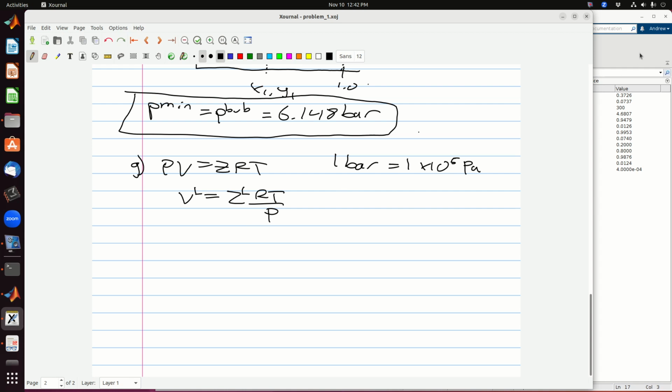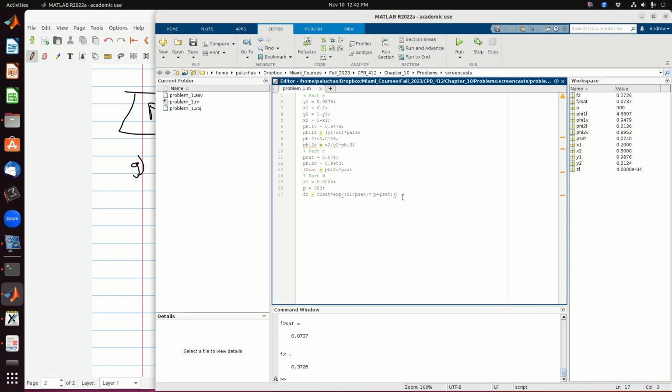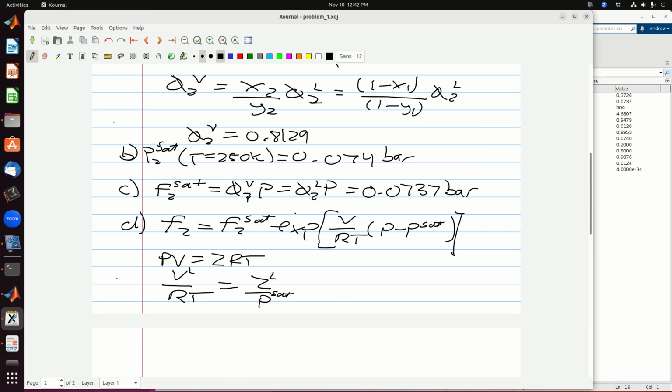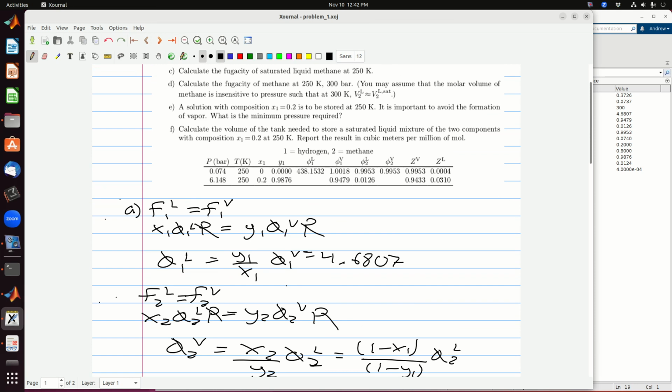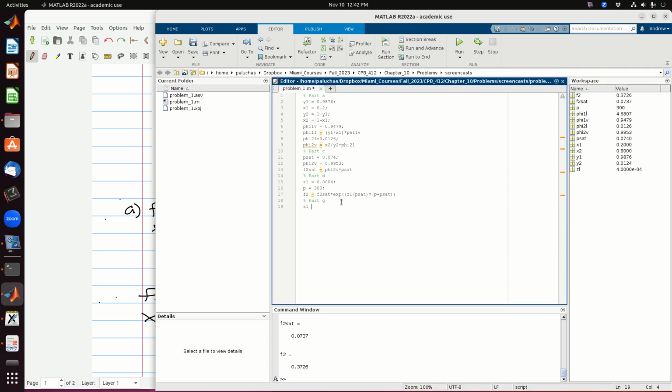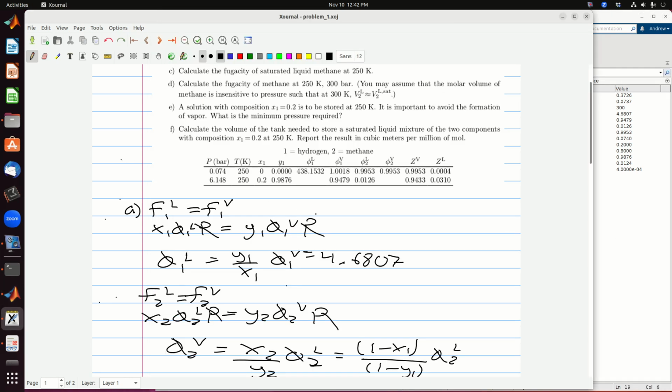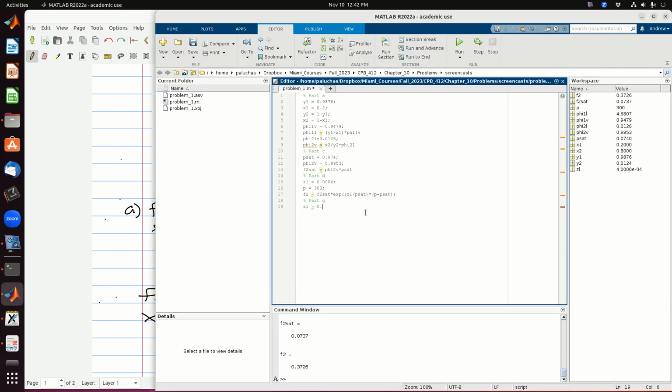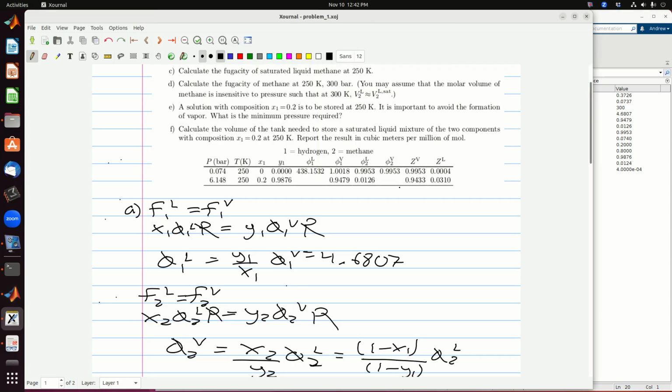All right, so when I do this then, this is part G. Actually, I already have it, because it's going to be that same Z of 0. Nope, it's going to be this one, because now I'm in that mixture. So now I'm going to have ZL equal to 0.0310. Okay, so that's ZL.